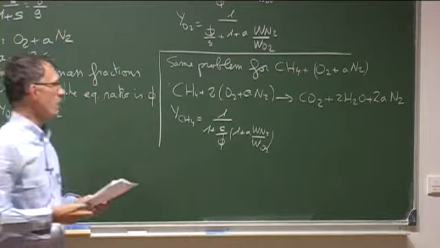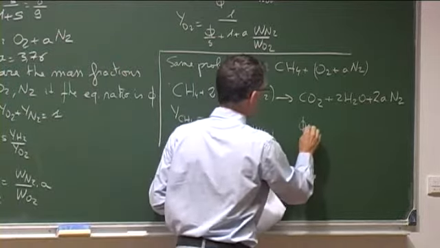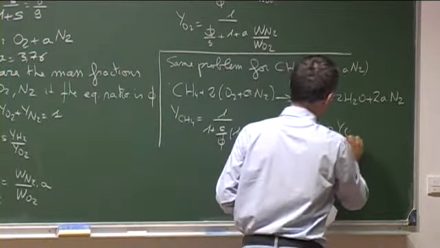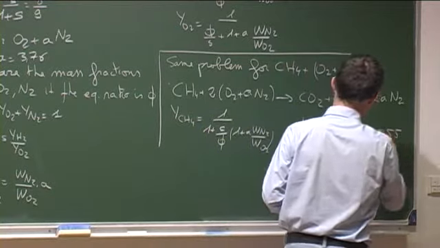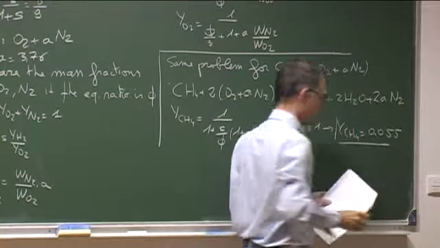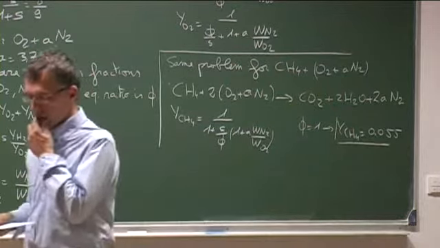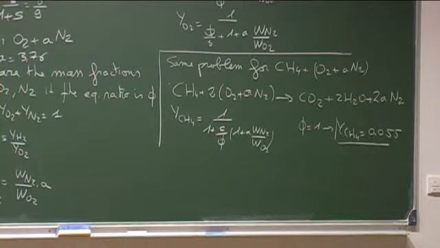If you do the application of that, for example, for phi equal unity, you will find Y_CH4 equal 0.055. So let me phrase that in another way.